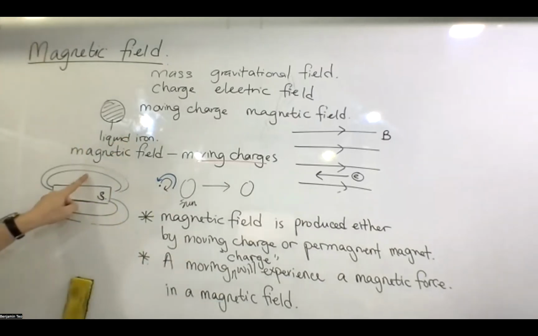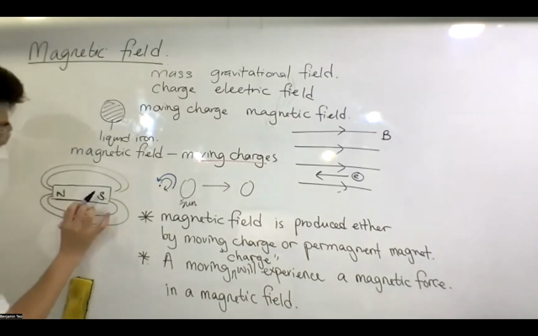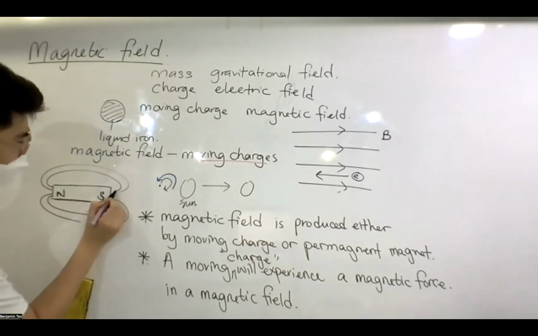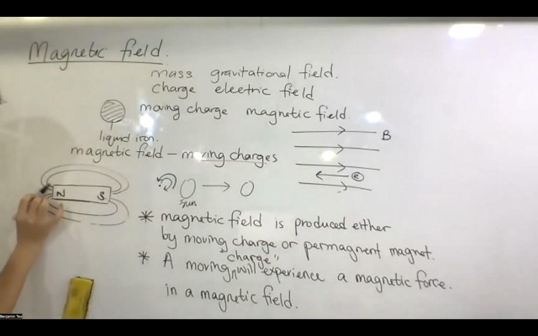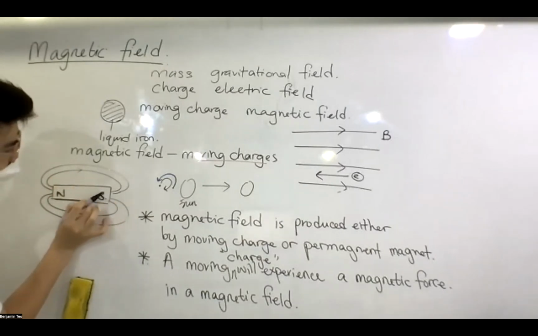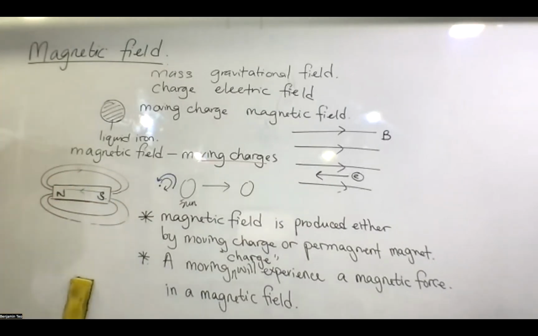Second, the line forms a closed loop. What does it mean? That means if you're asked to label inside, how do you label inside? Here, the arrow comes out from N, goes to S, and then comes in like this. Okay, it forms a closed loop like this. Here, and then go in. Same here. Go out, go in.